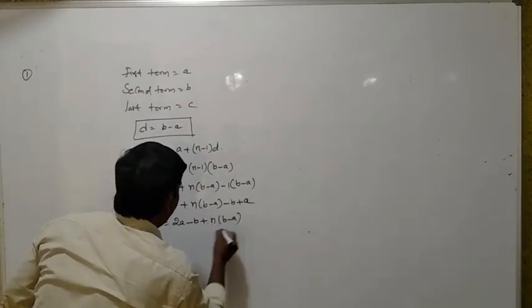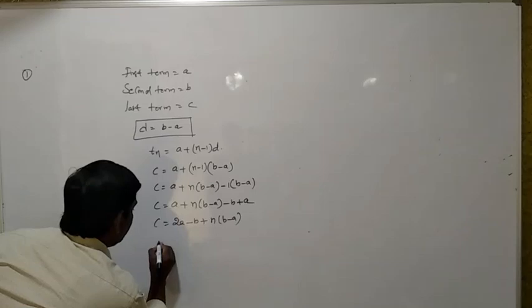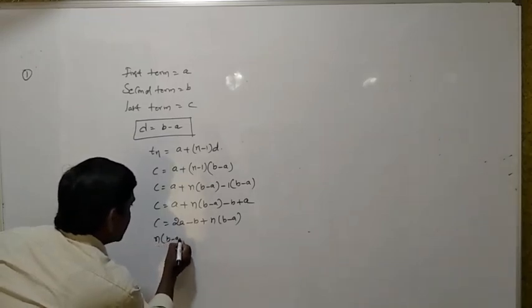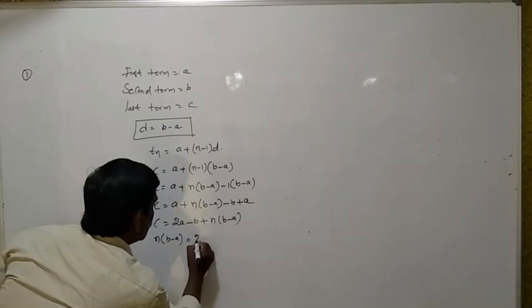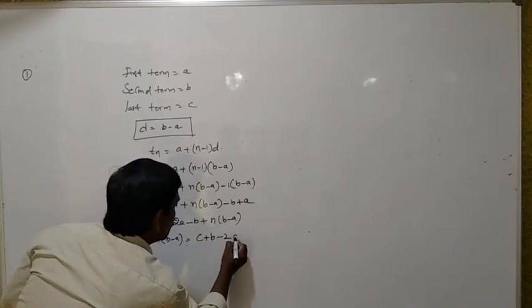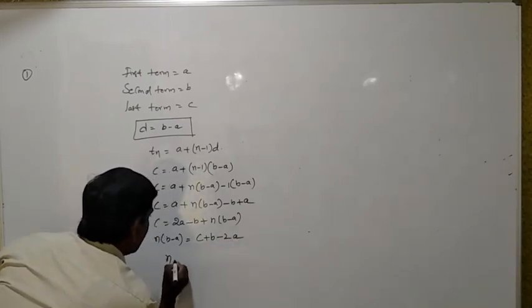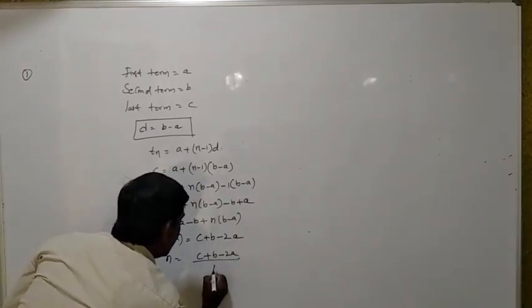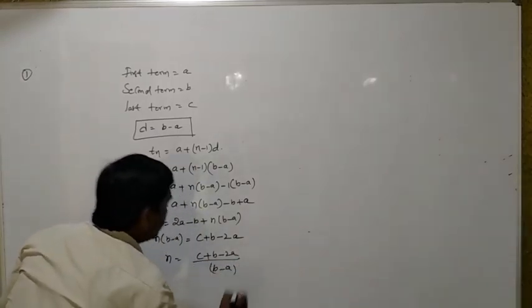Here n into (B minus A) equals C plus B minus 2A. N equals (C + B minus 2A)/(B minus A). Here we got n.